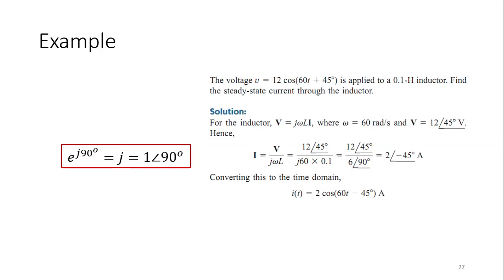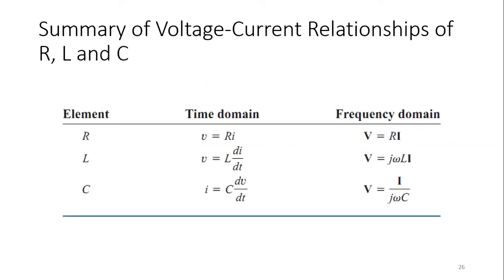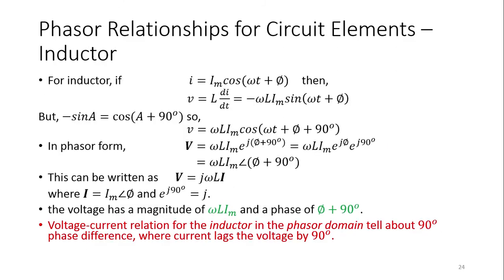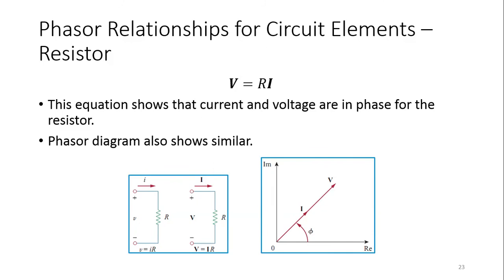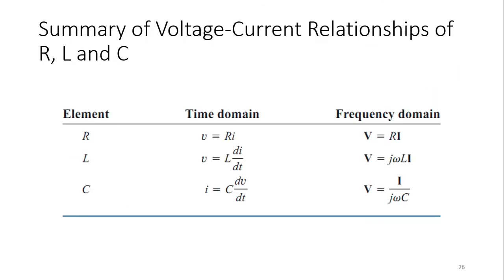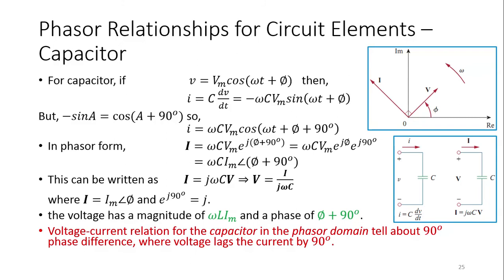So today is our third lecture of electric circuit analysis 2, and in the last lecture we saw the voltage and current relationships of different circuit elements like resistors, inductors and capacitors. And we saw that for the capacitor and inductor, there is a phase difference of 90 degrees between voltage and current.